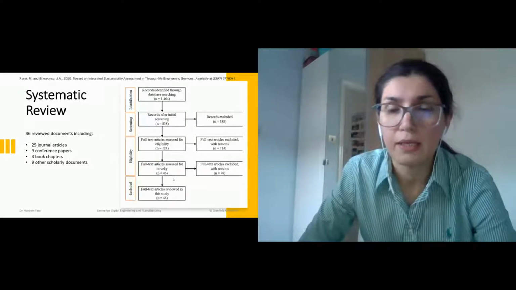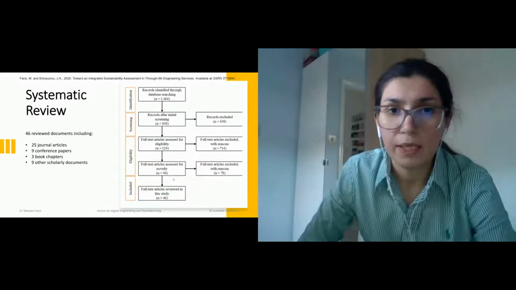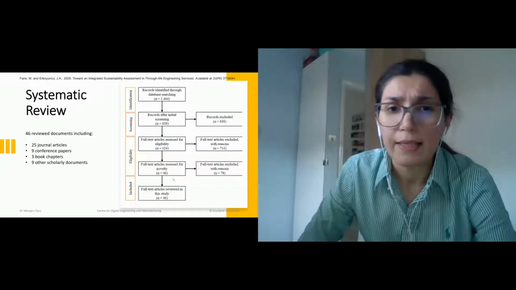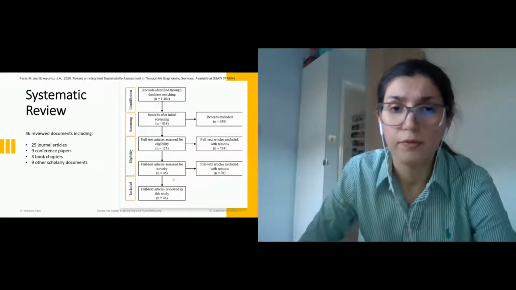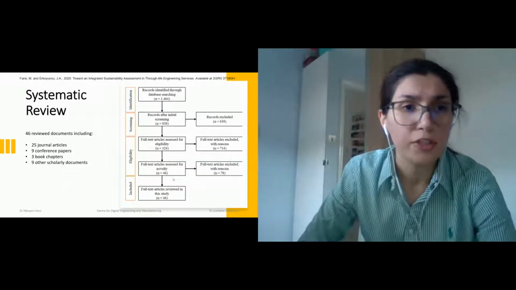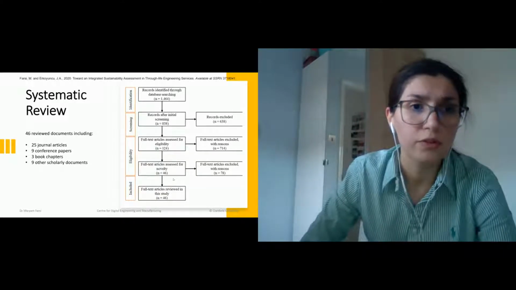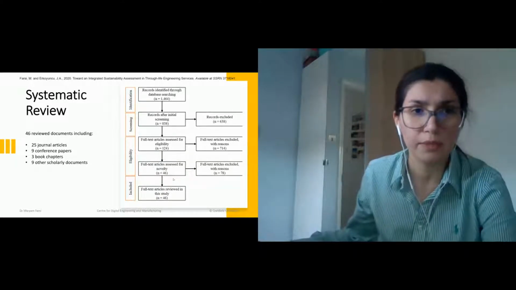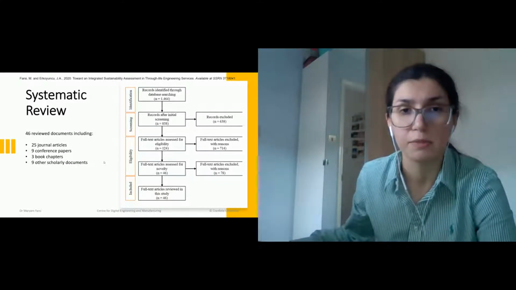So we exclude around 600 of them, and then after going through the eligibility exclusion, we end up with 46 papers to fully review for this research work, which include 25 journals, 9 conference papers, 3 book chapters, and 9 other scholarly documents, as well as some of the standards published in this area.